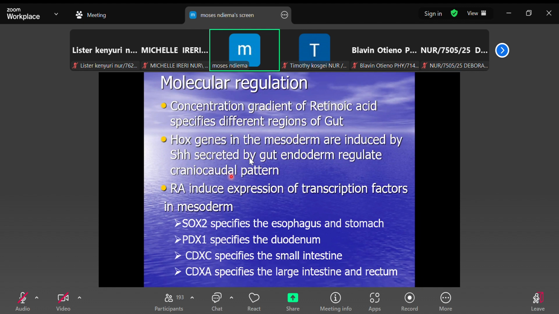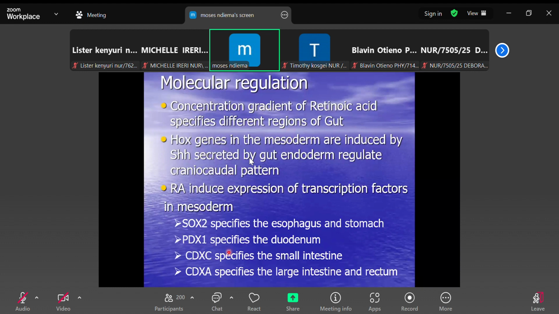The stomach, the esophagus, that is homeobox number 2, the duodenum, the small intestines. The mesoderm is induced by retinoic acid so that we have these parts with its structures. Similarly, form the glands of the stomach and the connective tissue.